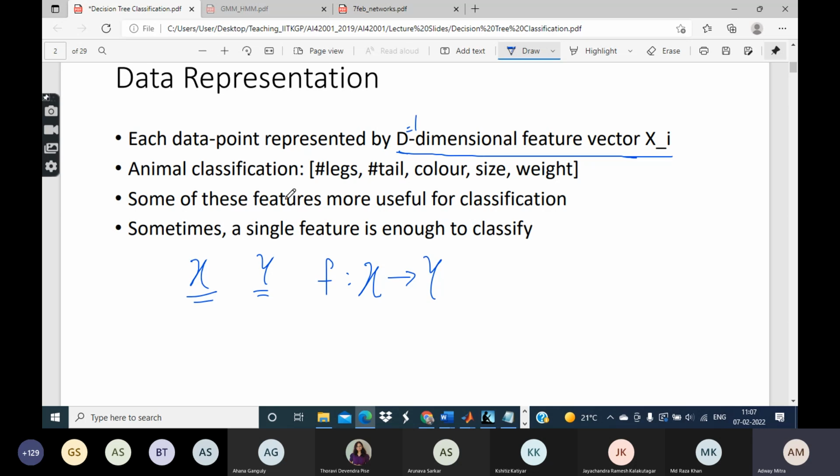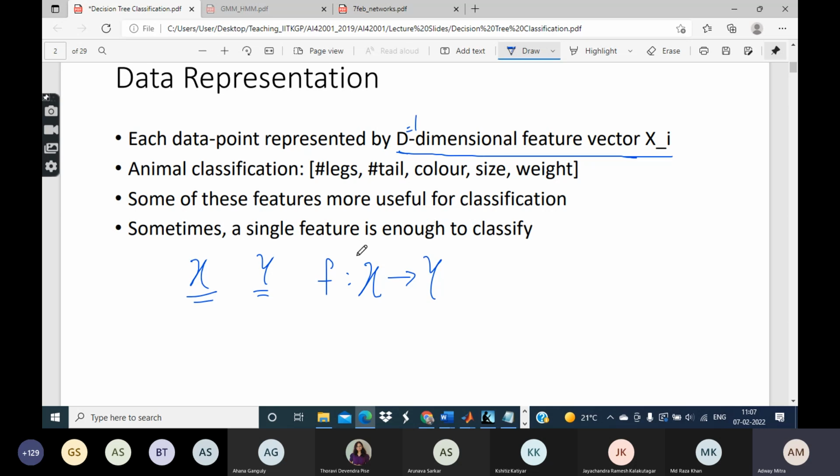There are various things that can be used as features. What you choose as features may depend on whether you are an expert of the domain, in which case you will come up with various features which you consider to be meaningful for classification of the animals, or you may be a big data person.